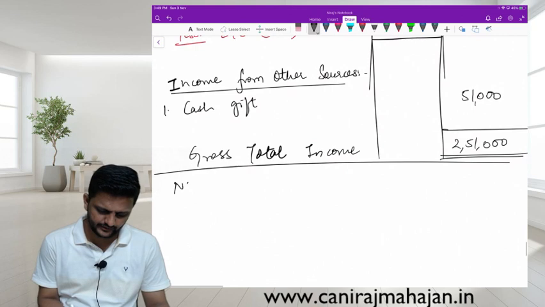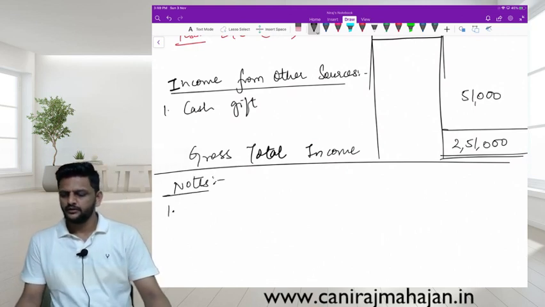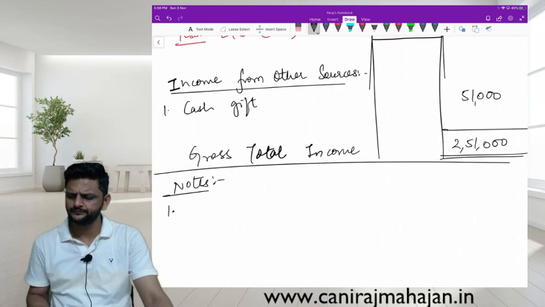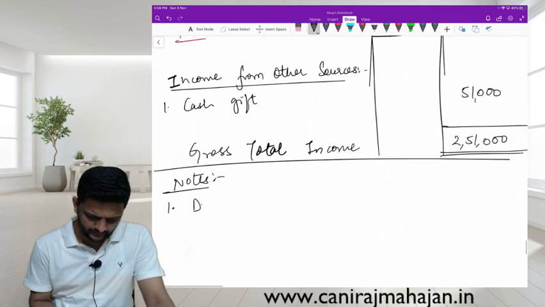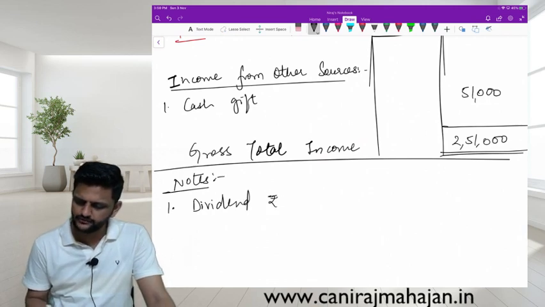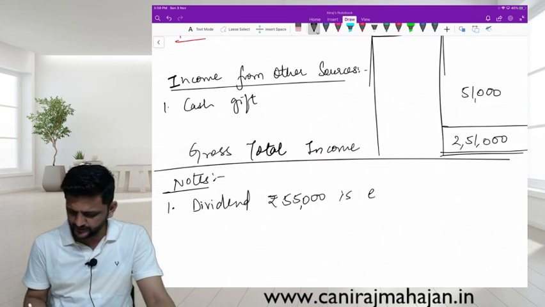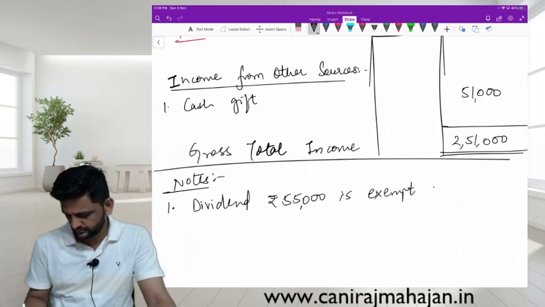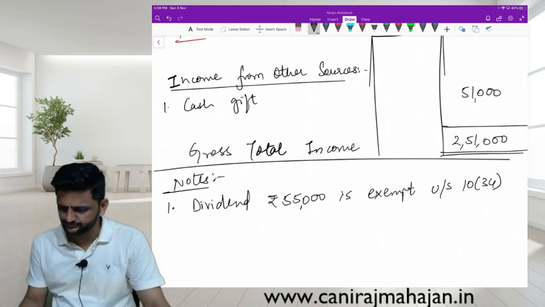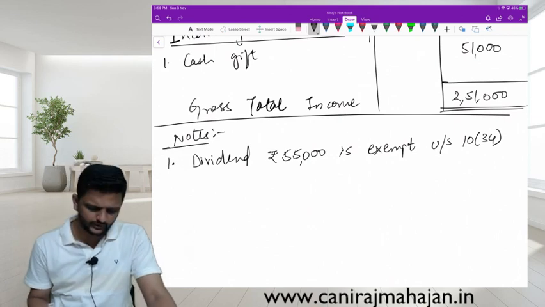Everyone got it? Notes. Dividend. How much did you receive? 55,000. It is exempt under section 10(34).